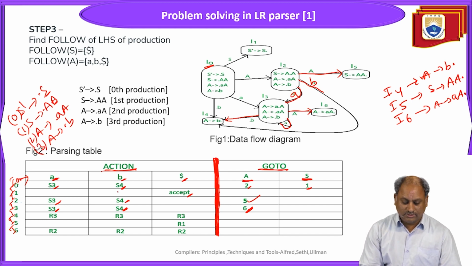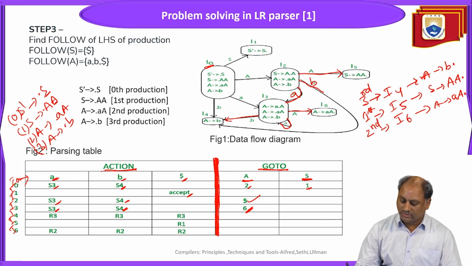Out of this, A derives b is the third production, whereas S derives A dot is the first production, and A derives a A is the second production. Those productions are to be written across the action part below all the terminals.